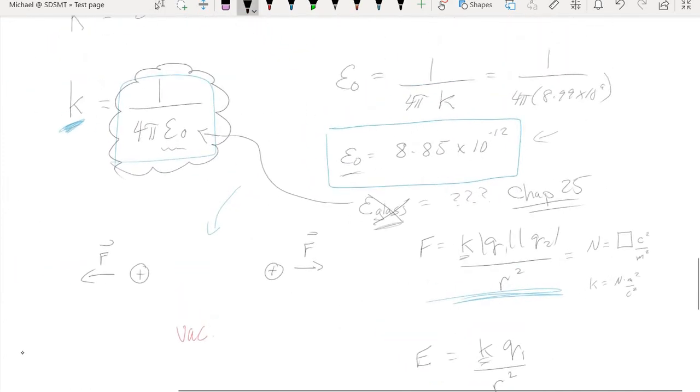But epsilon naught is made using a combination of our k value and just some constant values of 4 pi. And so the units for k are just going to be the inverse units for epsilon naught. In this case, we have Coulomb squared over Newton meters squared.